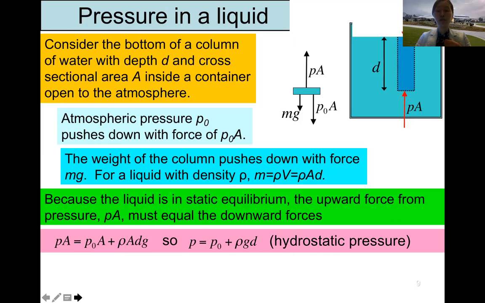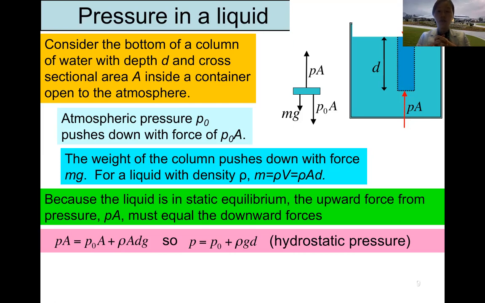So these three forces cancel each other. So PA is equal to P naught A plus the weight of this column. The weight of the water is the density of the water, rho, times, so we need mass times g. Mass will be density times volume.